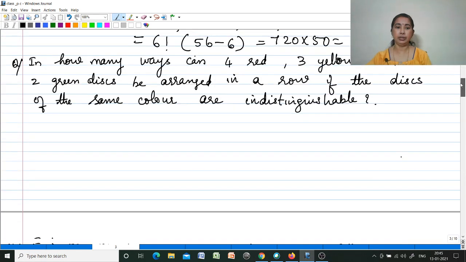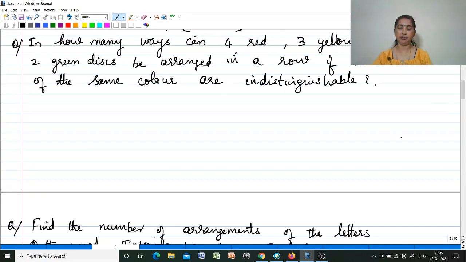Then next one: in how many ways can 4 red, 3 yellow and 2 green discs be arranged in a row if the discs of the same color are indistinguishable? So here the objects themselves are repeating.